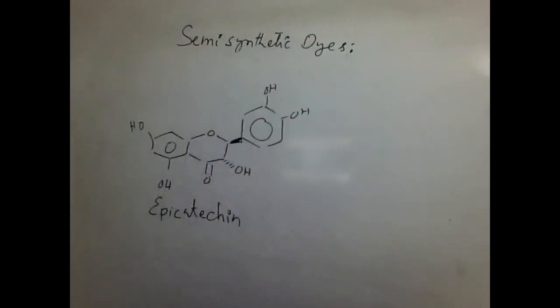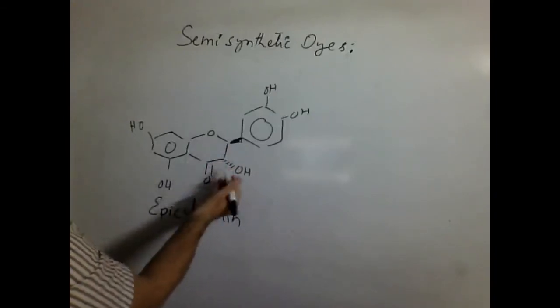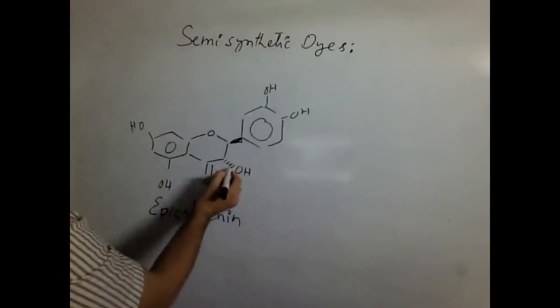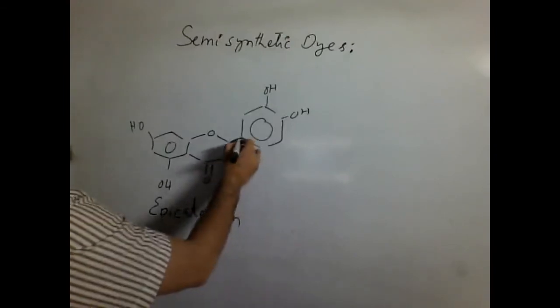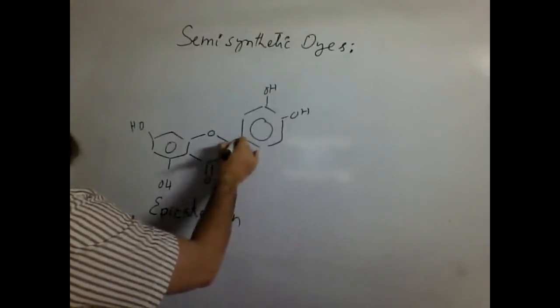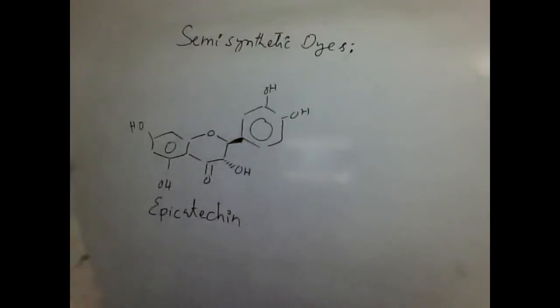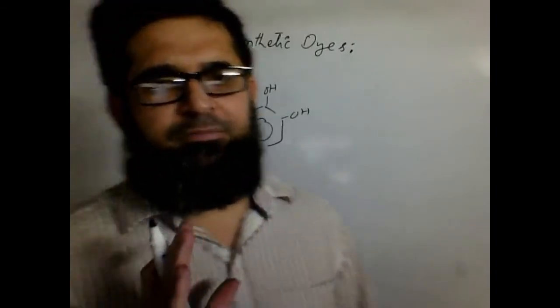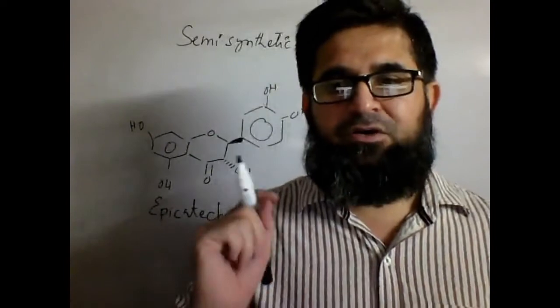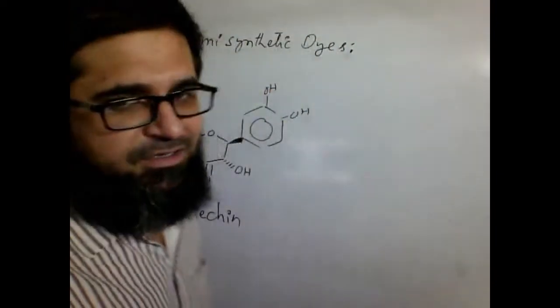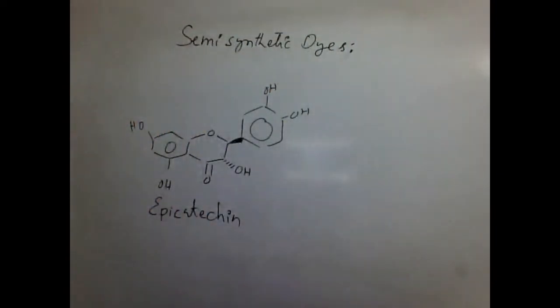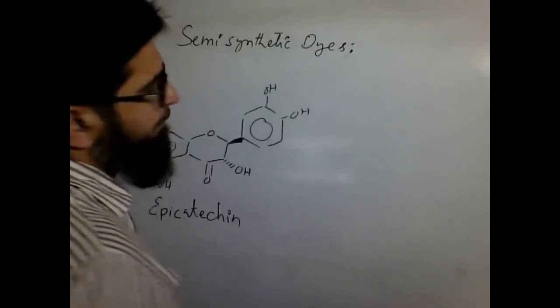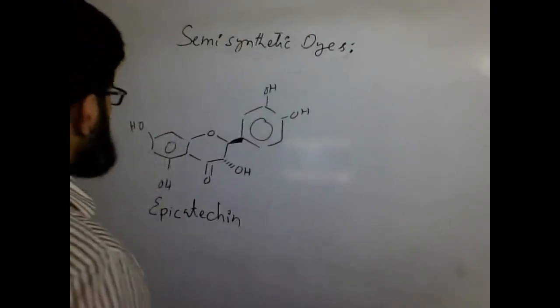So one bond has been represented in dotted form, the other bond in bold form. So you have an idea what is meant by a bold bond and a dotted bond. There is a chirality there, isomerism is involved in the compound. So that compound is of high biological importance.